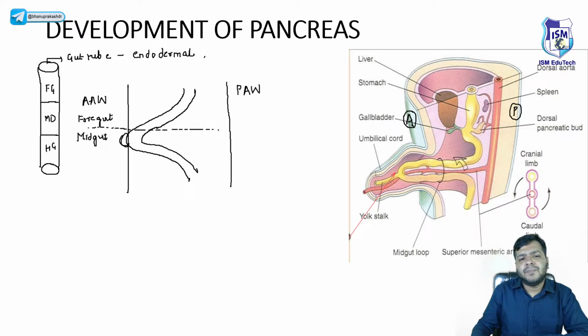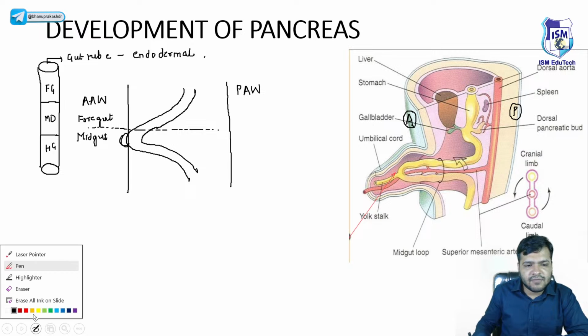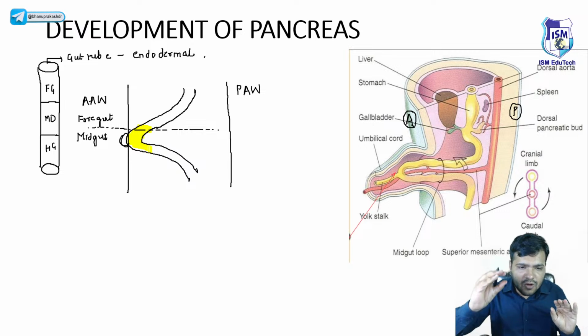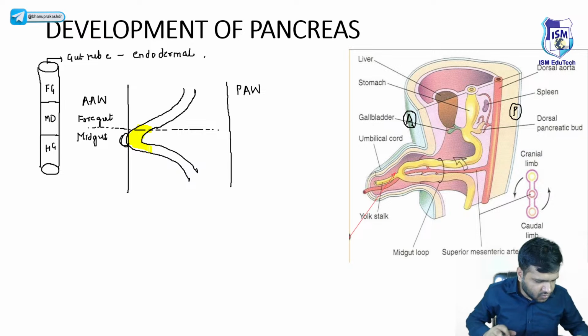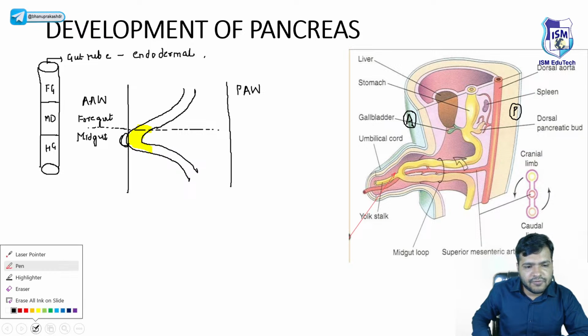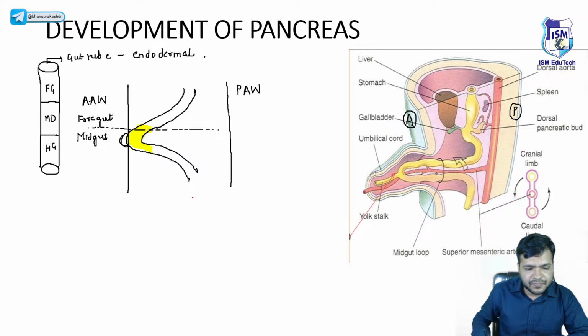Okay, so part of the duodenum is developing from the foregut also, and the rest is developed from the midgut, right? Now at the caudal portion, guys, what will you see over here? There is development of two buds, right?